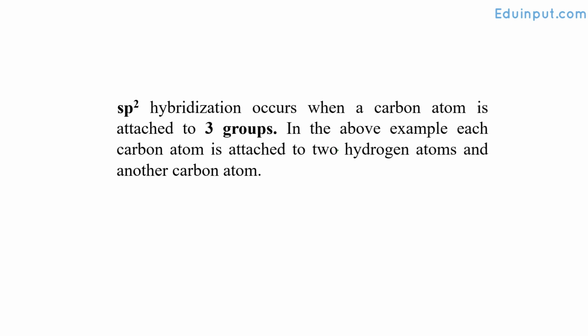Sp2 hybridization occurs when a carbon atom is attached to 3 groups, and these may be 2 hydrogen atoms or some other atoms as well having a half-filled orbital. In all the above examples, we observed that the carbon was attached to only 2 hydrogen atoms and 1 carbon atom because we were discussing ethene.